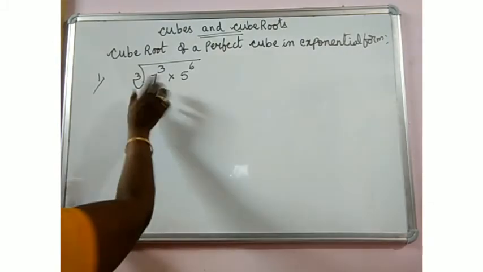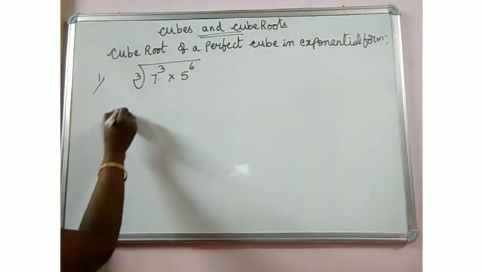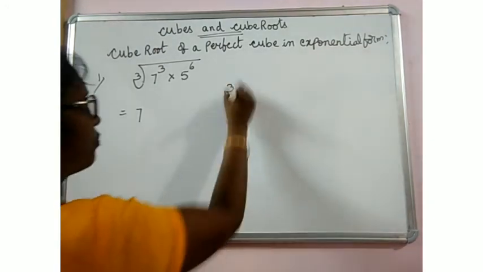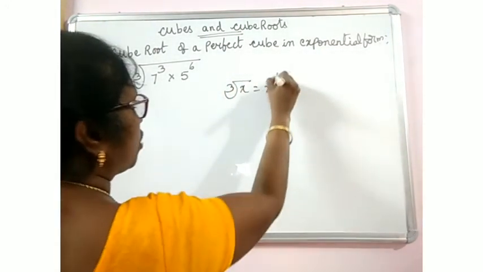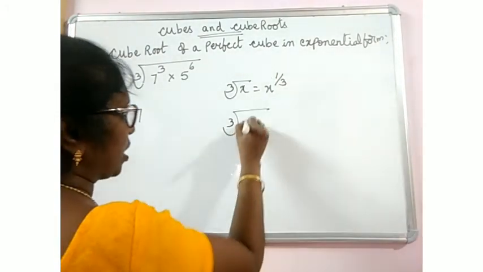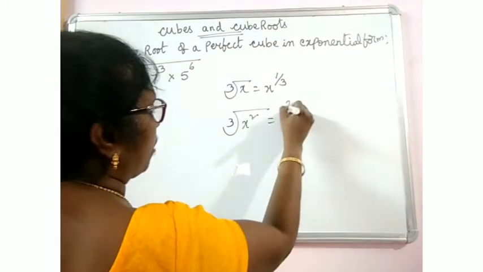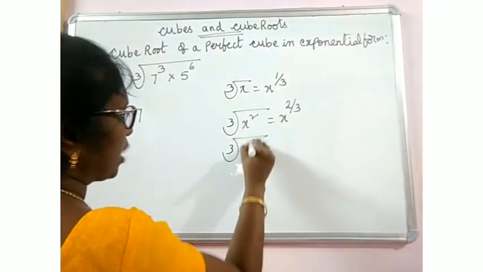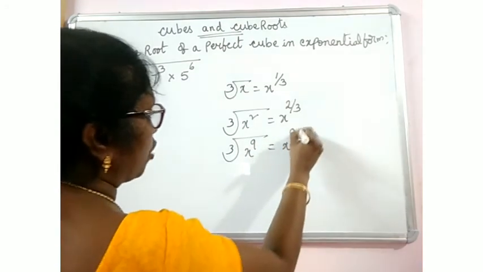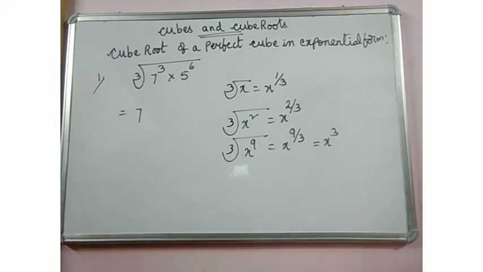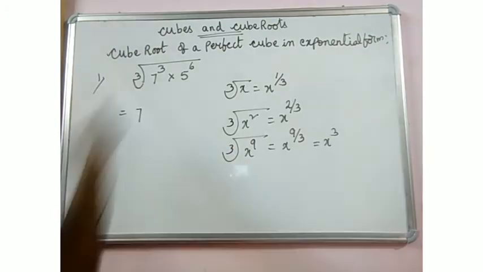So either that way you can take directly, or one more way is cube root of x means x to the power 1 by 3. Cube root of x square means x to the power 2 by 3. So cube root of x to the power 9 means x to the power 9 by 3, that is x cube. So let us use this formula and find this.